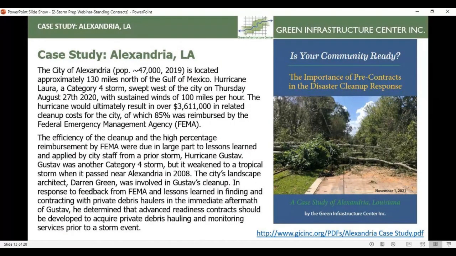They immediately started asking for pictures of the debris piles and GPS locations of said piles and things like loading tickets. And we were just flabbergasted because we had none of that. At first they told us we weren't going to get reimbursed for anything because we had not monitored the entire process.